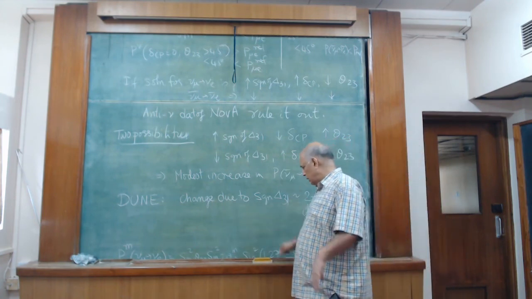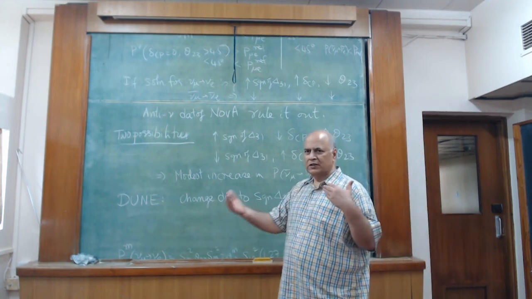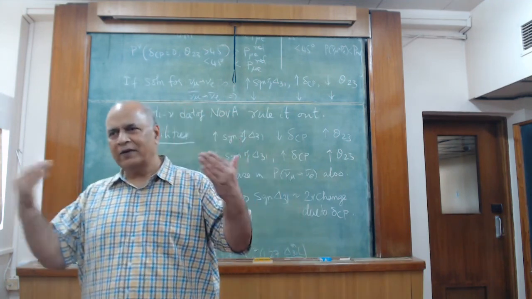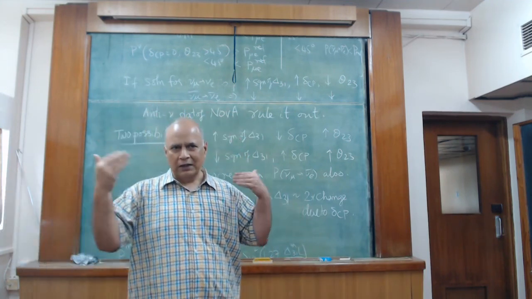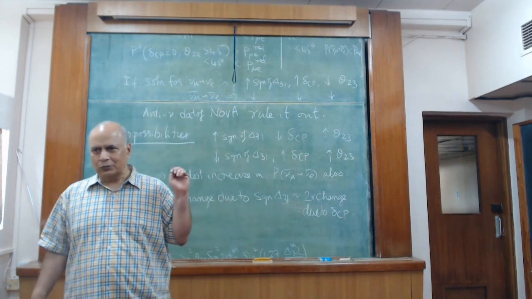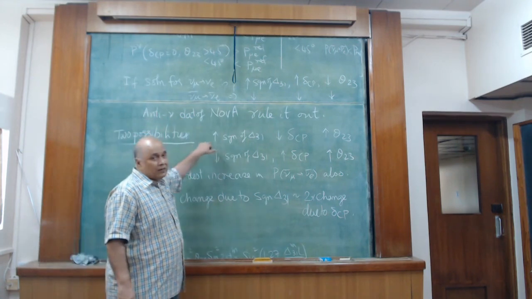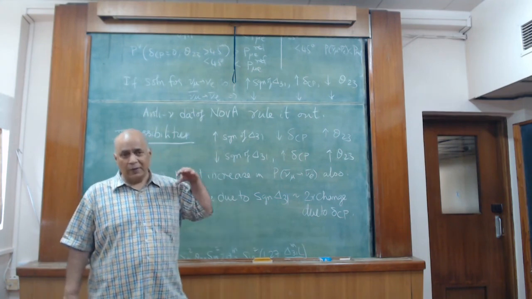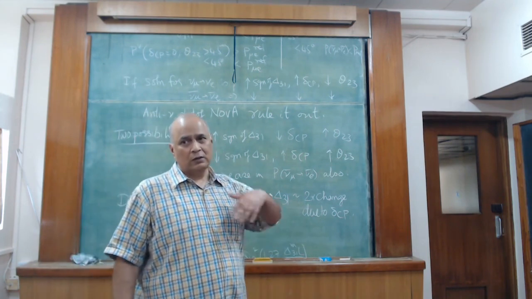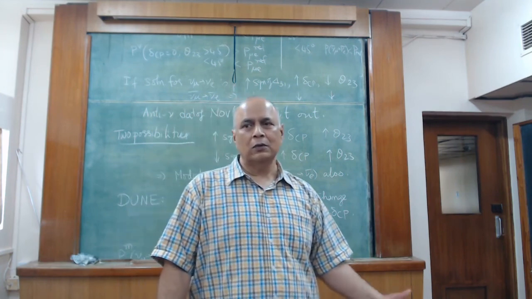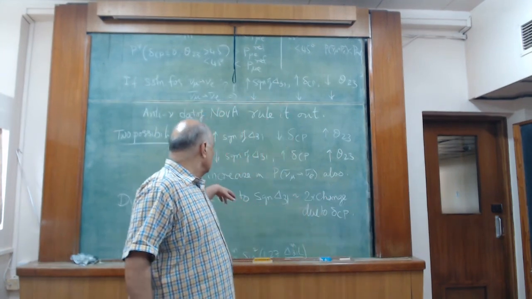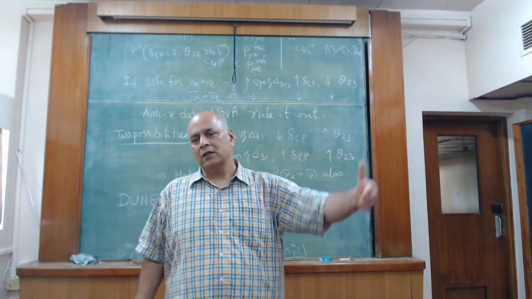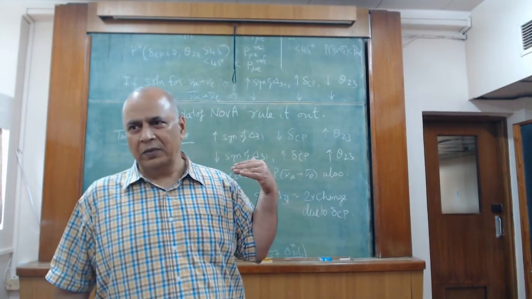So in the case of NOVA, the change due to delta Cp and the change due to matter effect are essentially of the same magnitude, and that's why this cancellation is occurring. But in DUNE, the experiment is designed so that the change due to sine of delta 3 1 due to matter effects is twice the change due to delta Cp.